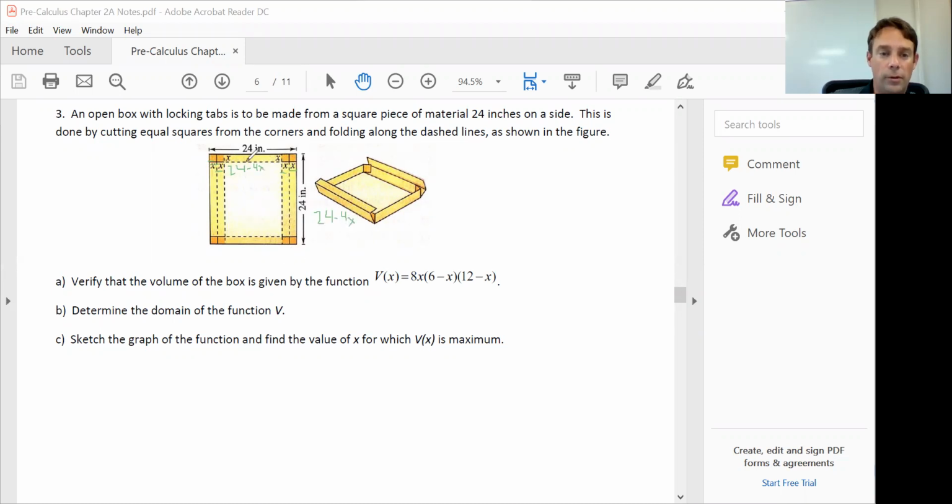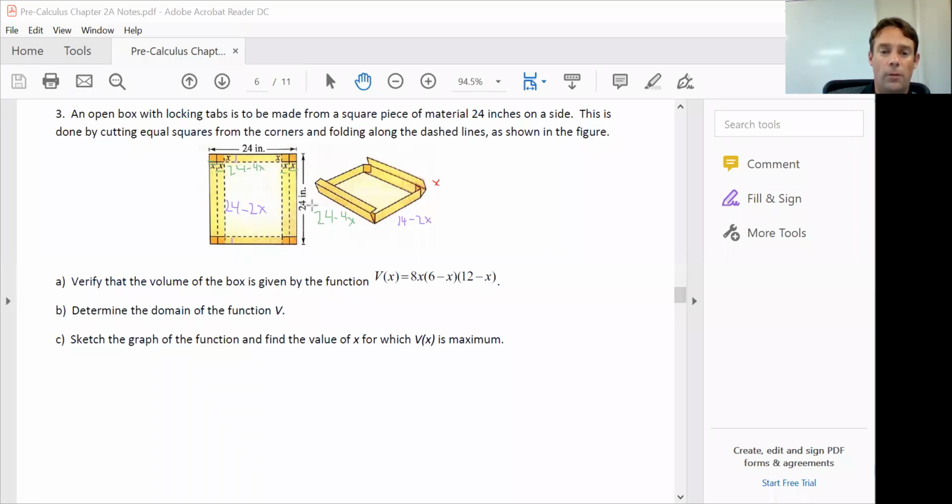Likewise, friends, the whole side on this side was 24, but notice I cut off an x and I cut off an x, so therefore I cut off 2 x's. And since that's the case, that means the height of our whole shape here is indeed x.